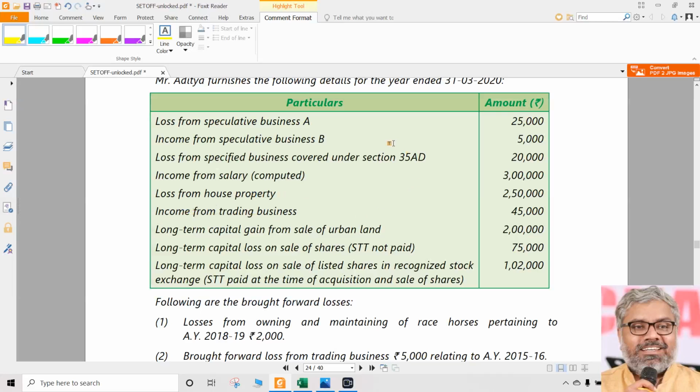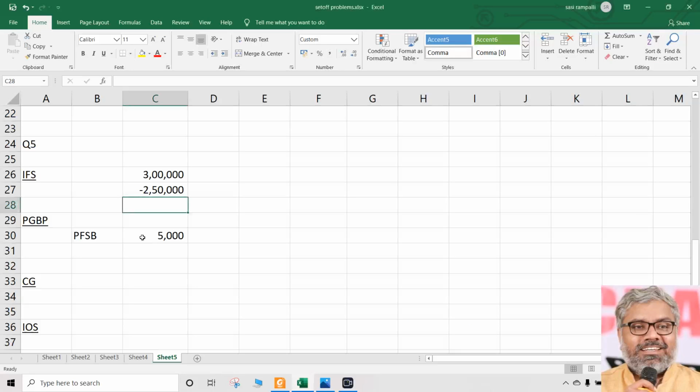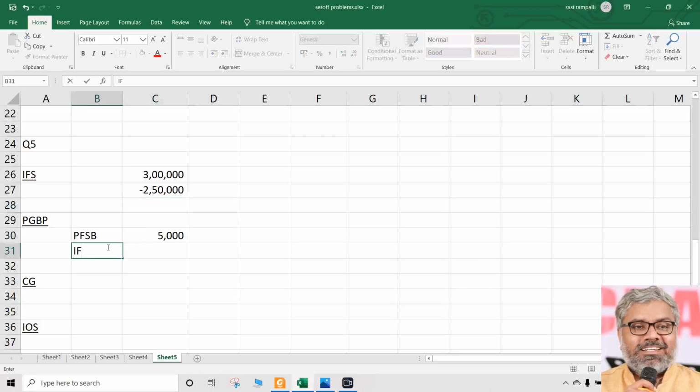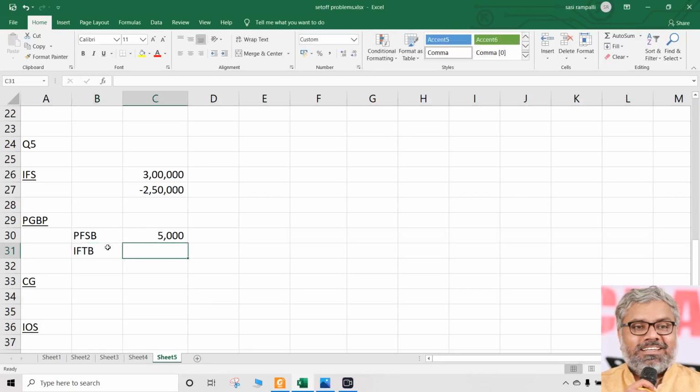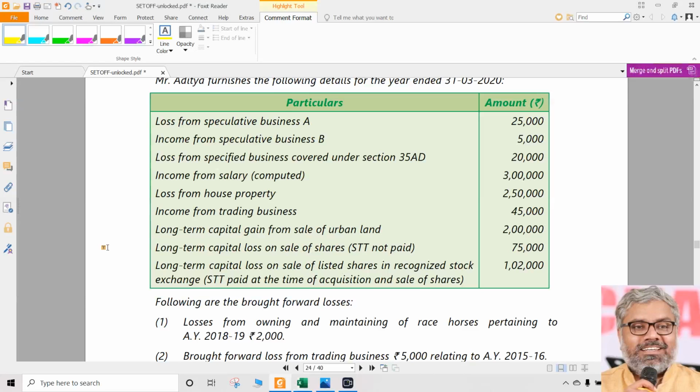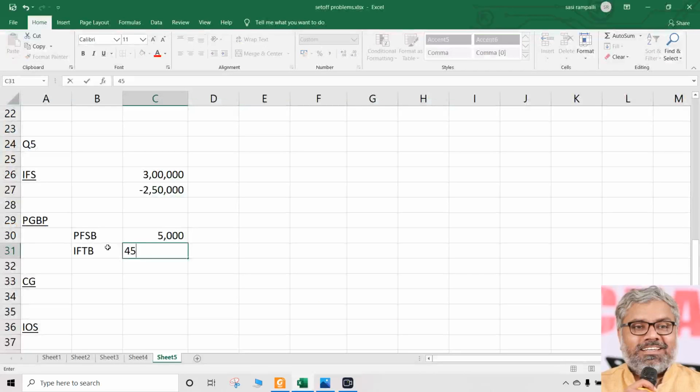But basically, in the first round we have to write down all the positive items. Negative items, if something is so obvious like loss from house property, that can be done. If not, all of them can be done at a later stage. Then income from trading business 45,000. So there is also a PGBP, let us call it income from trading business. Whatever is given under the head of PGBP only, income from trading business positive, that is 45,000.